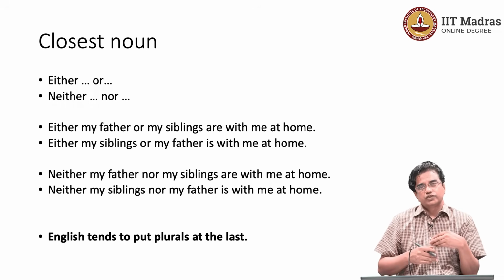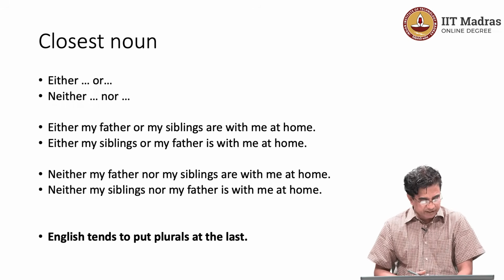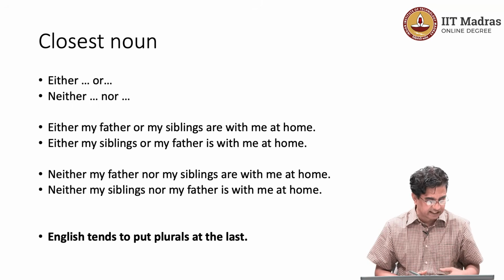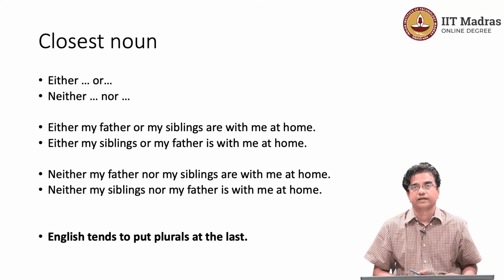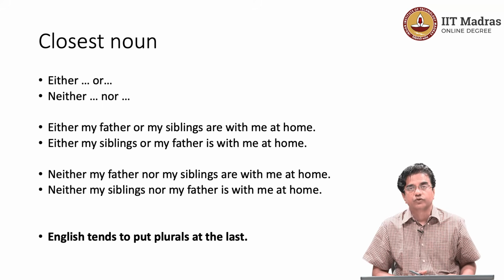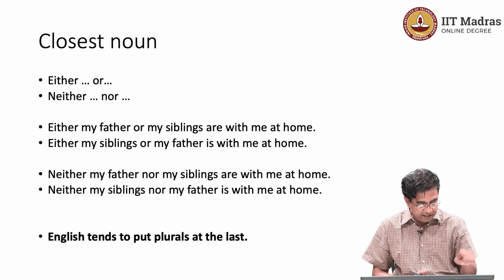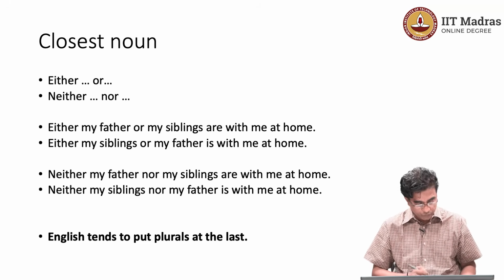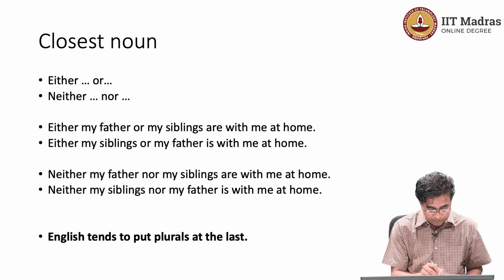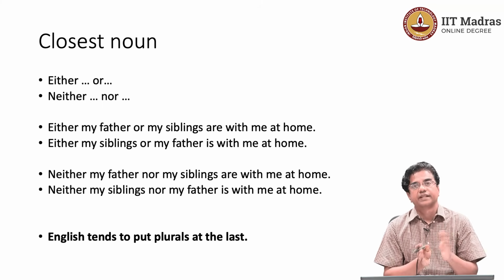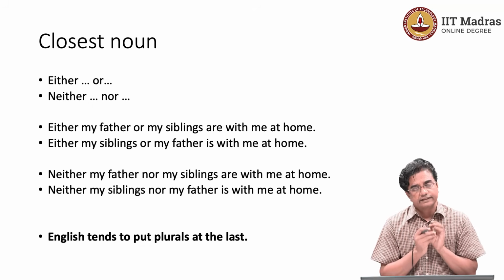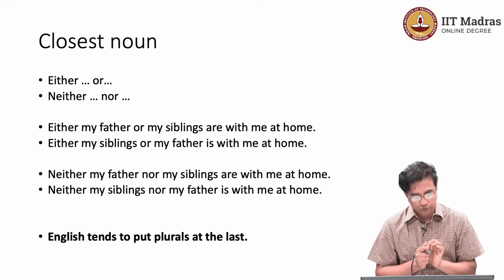So it's grammatical, but ideally speaking, in English we will always say "either my father or my siblings are with me at home." "Neither my father nor my siblings are with me at home." So the plural one, my siblings, comes last. This is a usual pattern in English, and that is the part that we need to know.